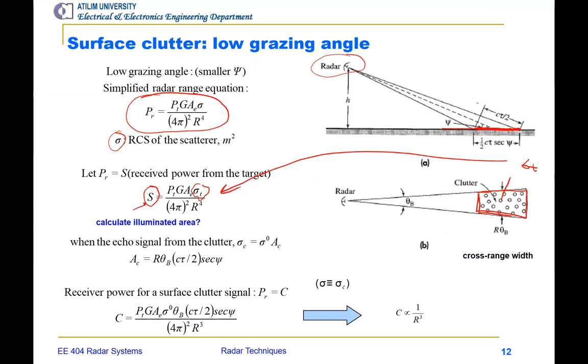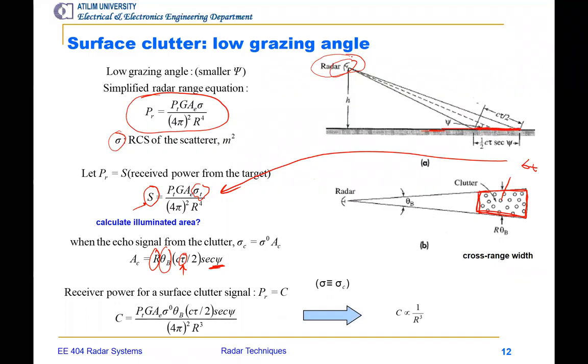Okay. So how about the received power due to this clutter, this surface? Okay, so it's dependent on the pulse width, the range, and the beam width of the antenna, as well as the angle that is measured from the ground to the line to the radar.